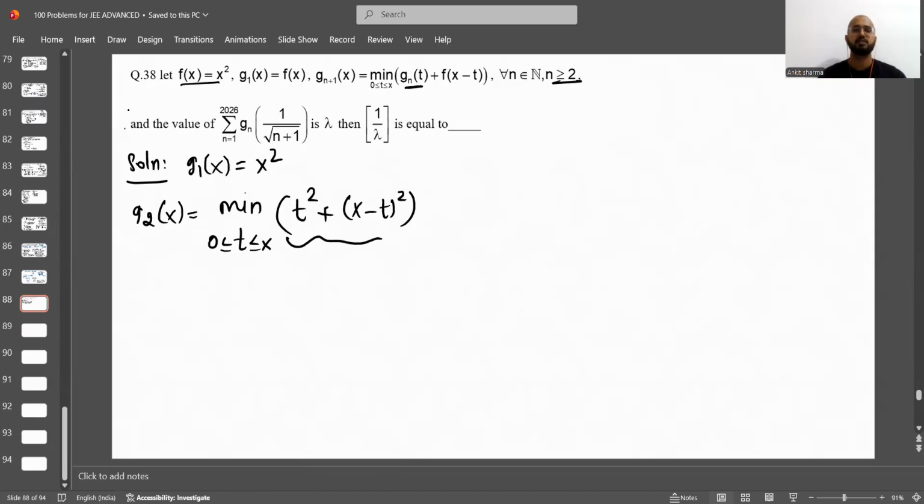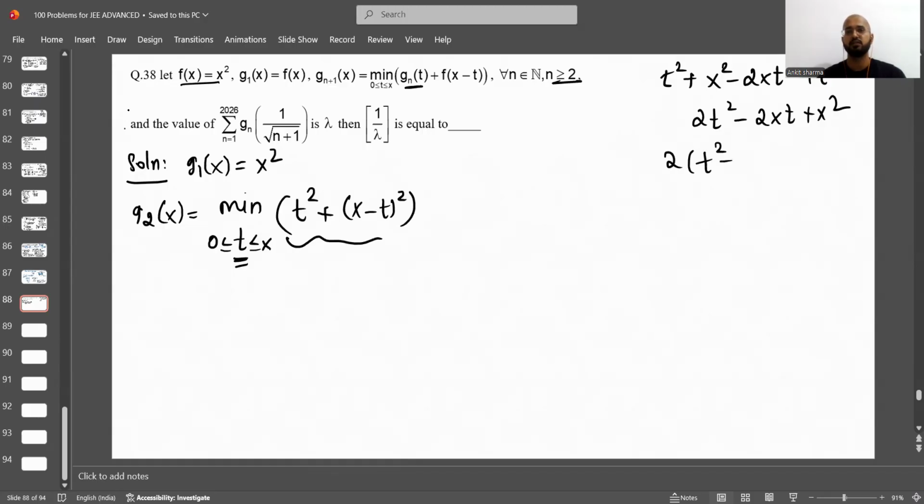So t square plus x minus t square. Now if I open this, I get here t square plus x square minus 2xt plus t square. This gives me 2t square minus 2xt plus x square. So we need to find the minimum, and the variable here is t. So we'll treat t as variable and x as constant for this one. Let's keep 2 outside.